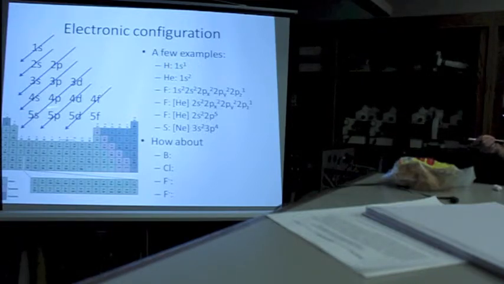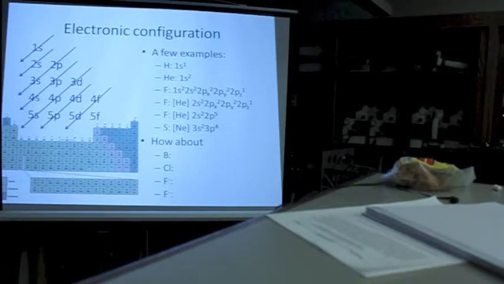So this top row here corresponds to 1s. Sorry, I misspoke. In the hydrogen atom, there's 1 electron. In the helium atom, there are 2 electrons. So again, we have that 1s orbital, and we can put 2 electrons into an orbital. So we fill that orbital, and this is a filled valence shell.